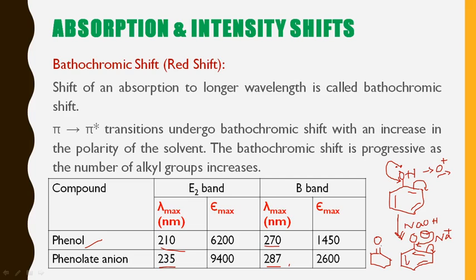Here there is no positive charge, so it is a stable molecule. As it is unstable, it requires high energy. So, the high energy requirement means lambda max must be less, because energy and lambda are inversely proportional to each other. That is why phenoxide is the stable one, and it will give a high lambda max. So, the conversion takes place from low lambda max to high lambda max.